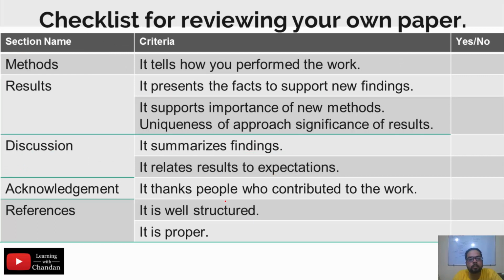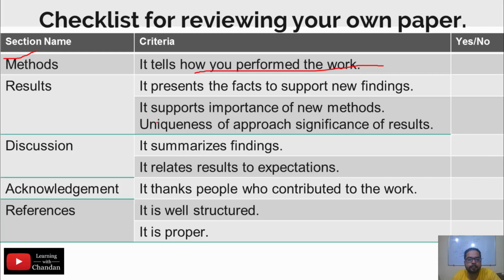Now talking about the methods. In the methods, you have to show how you did the work. Here the same thing: if somebody else wants to do the same work by reading your paper, he or she should be able to do it. In this way you have to write your paper.